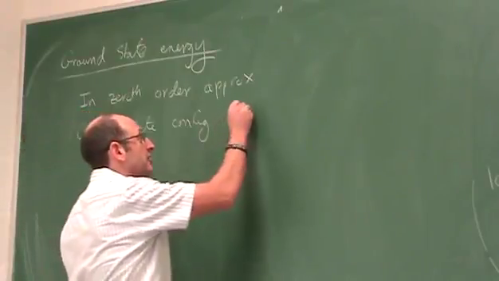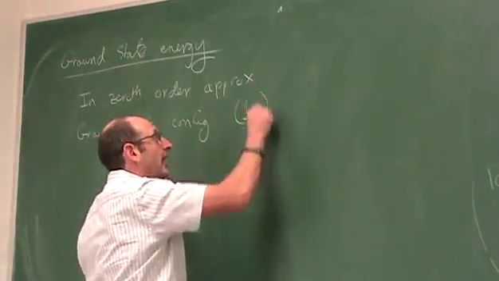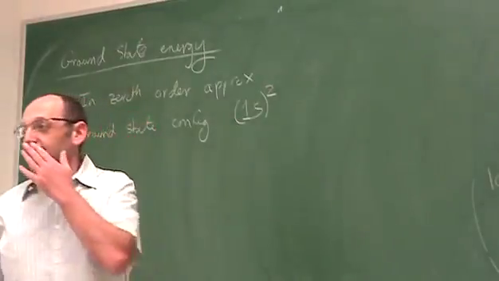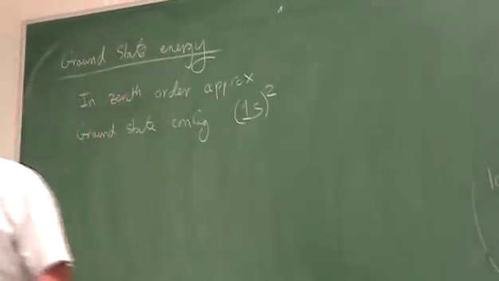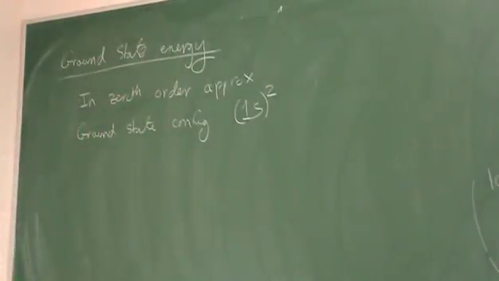So the ground state configuration we would typically write as 1s squared, meaning we have both electrons in the 1s hydrogenic orbital.